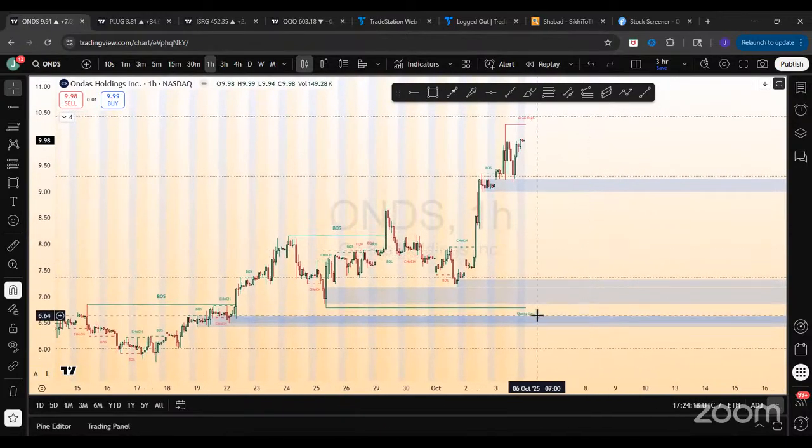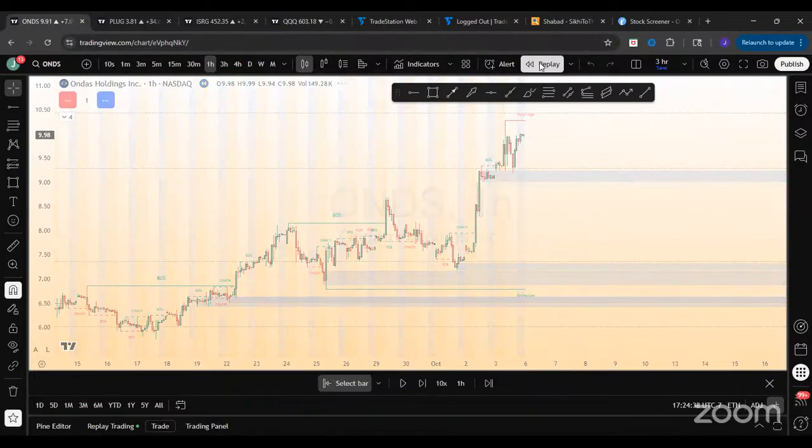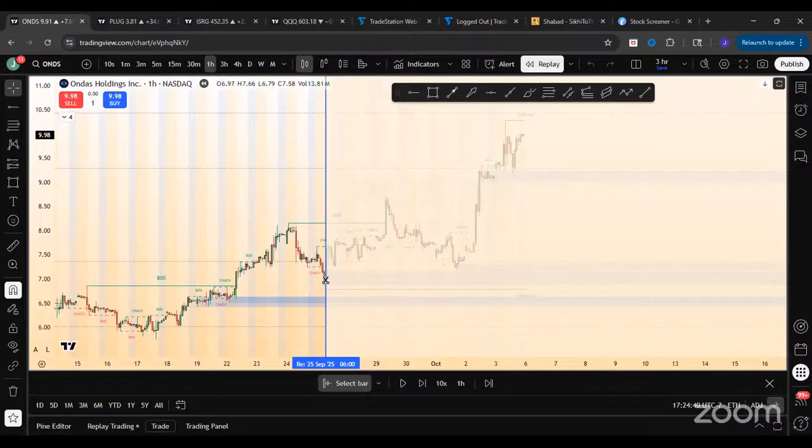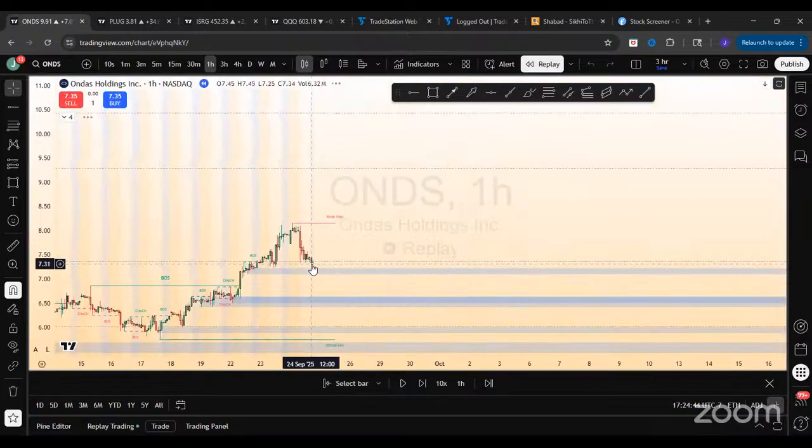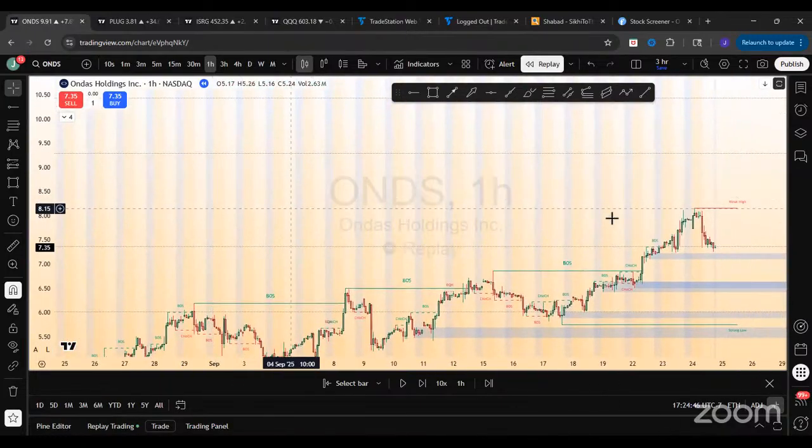Now these are actually order blocks, and you can see how the price has reacted to them, right? The price came here, went up, came down here. Again, all indicators are lagging indicators. So if I go back into replay, I want to see where this order block was when we were there. So it was showing that.